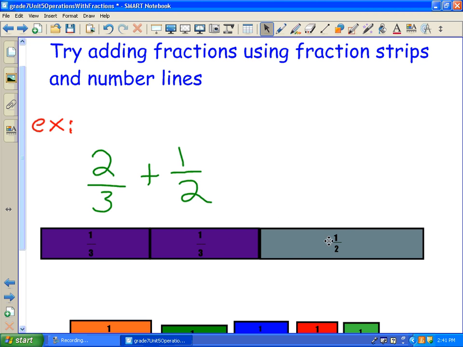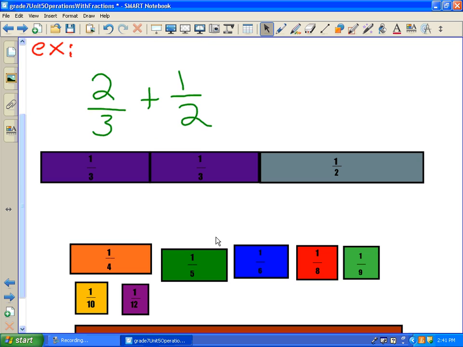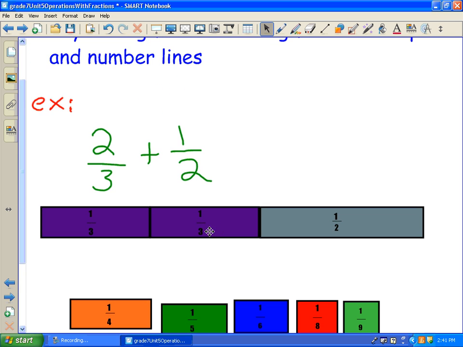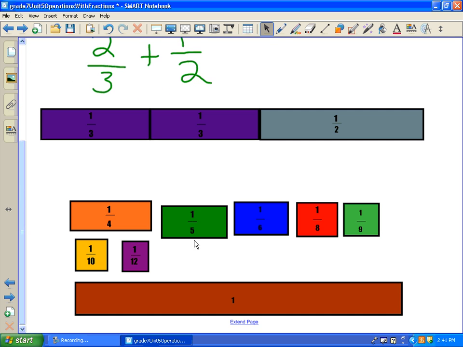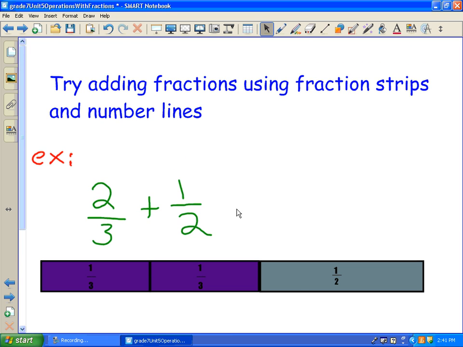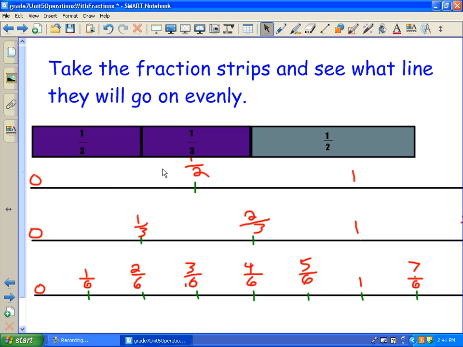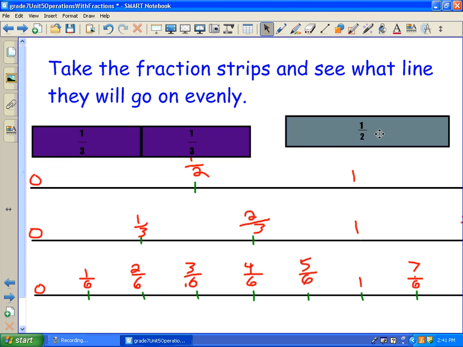But how am I going to know exactly how much that is as a fraction? When I put it together, I am going to need to use a number line for that. So I'll show you that now. Here's my 2/3 and here's my 1/2.